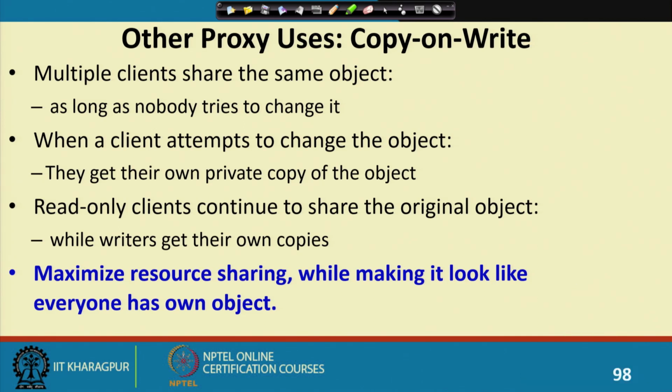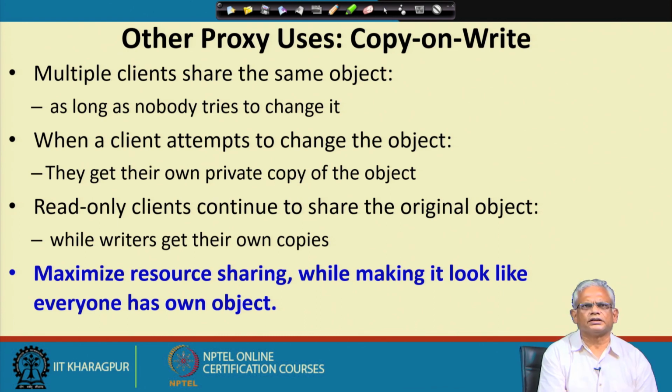But if one of the clients tries to modify the object, then a copy of that is created, and the client who modifies uses the copy that has been specifically created for that client. The other clients continue to share the same object, and here it speeds up the application by maximizing resource sharing while making it look like everyone has its own object.